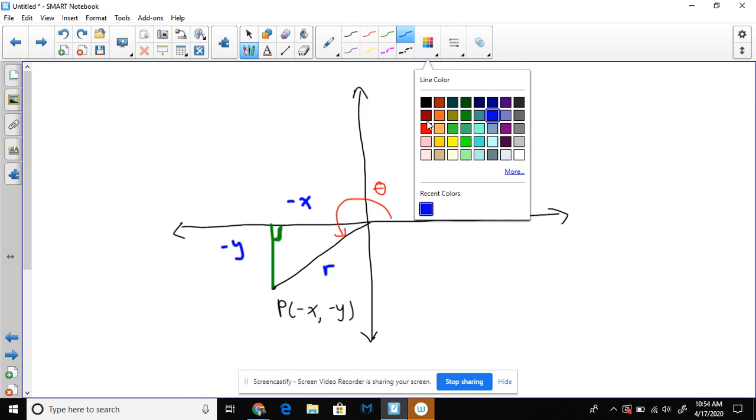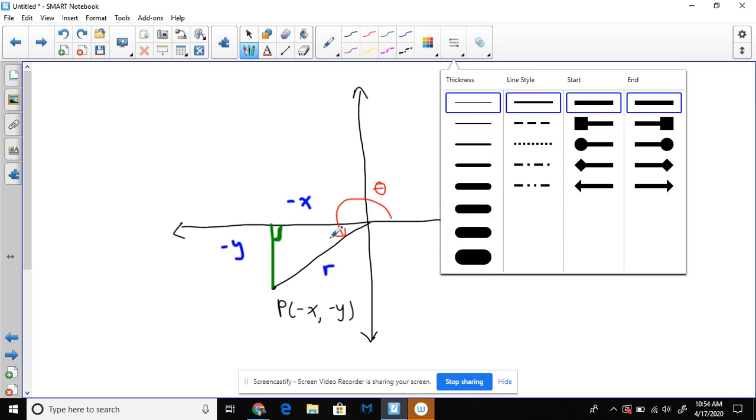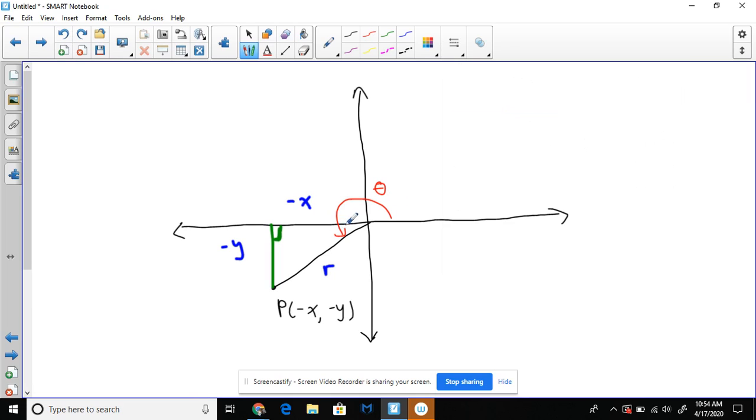And then one other thing that we can discuss here: theta is this whole swing, but I have this angle in there, which is my related acute, all right?